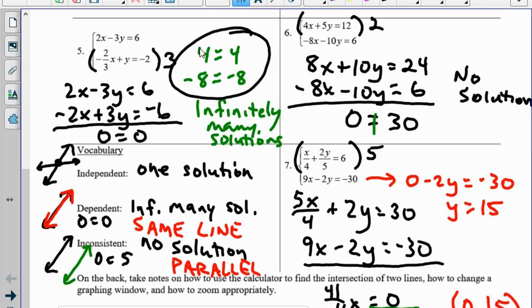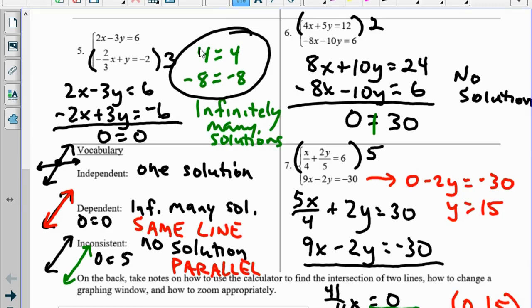These are not dependent or inconsistent. These are independent systems. If you get a variable equals 0, that's actually a number. If you get numbers where all the variables cancel out, that's when we get one of our special cases. So independent systems are problems like 1, 2, 3, 4, and 7 on this worksheet.